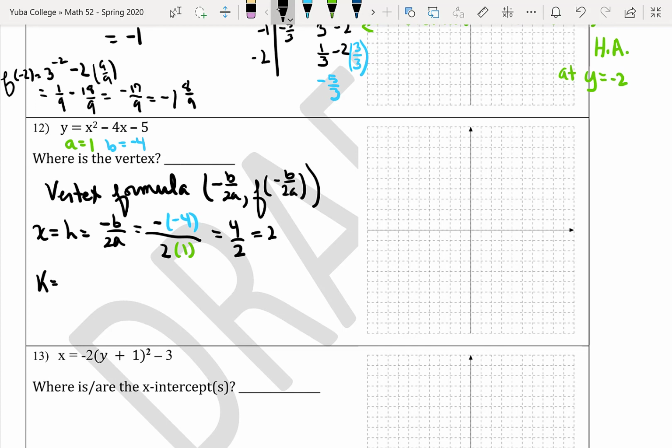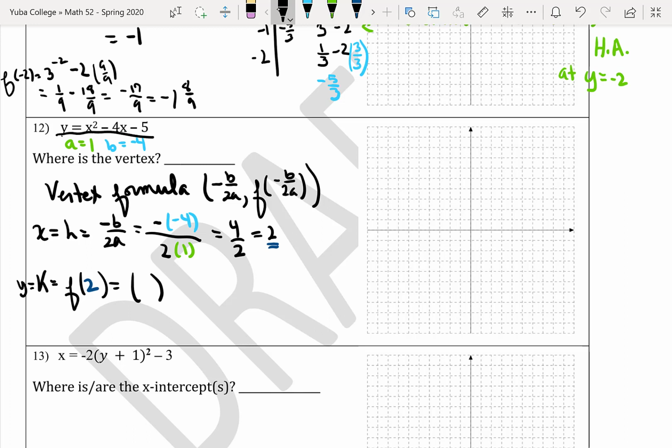So I'm going to go through wherever I see an x, put parentheses, and then go back through and put that 2 there. Looking at my equation, I have x quantity squared, so I have parentheses that are going to be squared, minus 4, I see an x there, so I put parentheses instead of the x, and then minus 5. Wherever I saw parentheses, I'm just going to replace that with a 2.